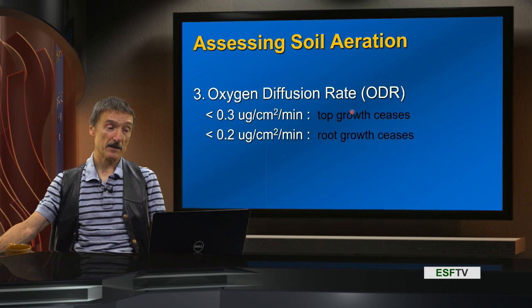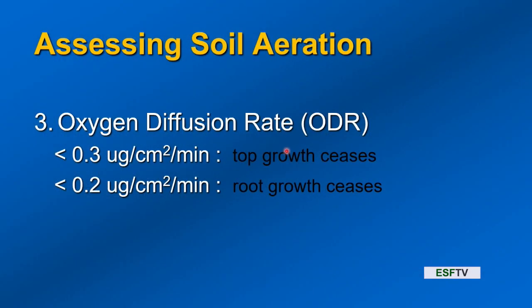And the next one is oxygen diffusion rate, abbreviated ODR. We can measure the rate of movement of oxygen to a platinum electrode, which I'll show in the next slide. But here are the cutoffs. So note these numbers, around 0.3 to 0.2 micrograms per centimeter squared per minute.